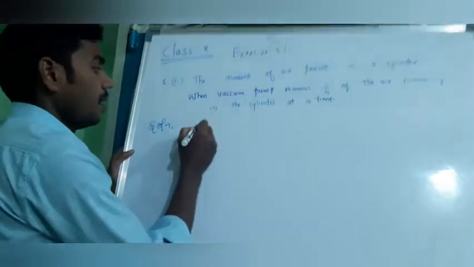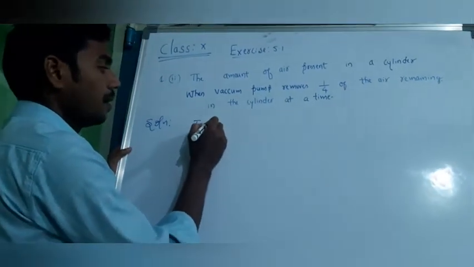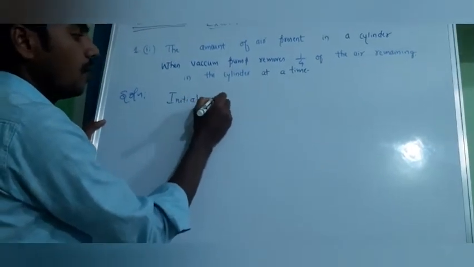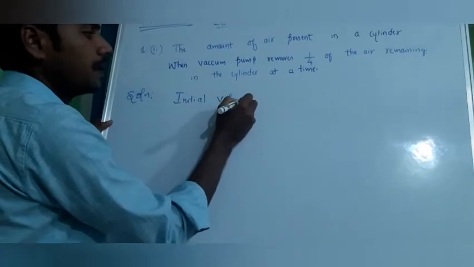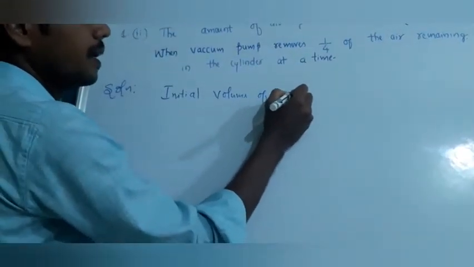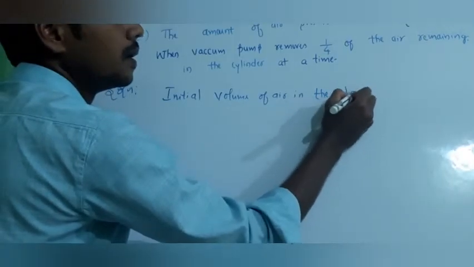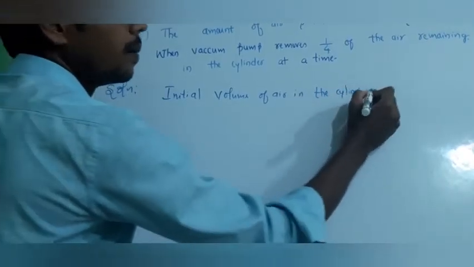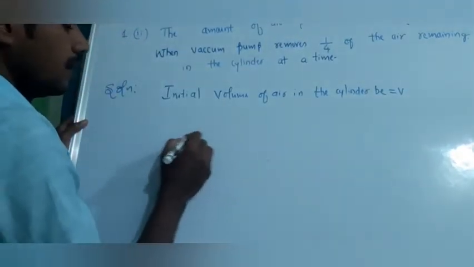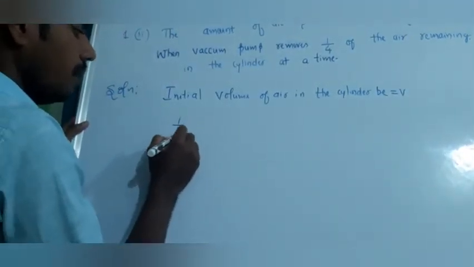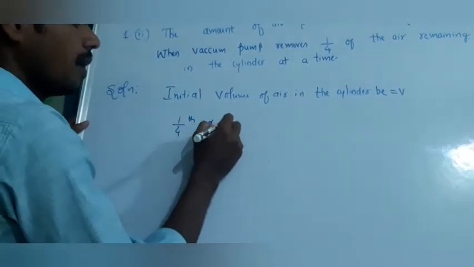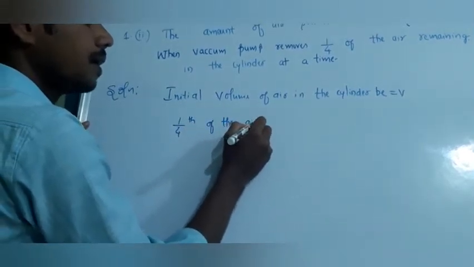See, the initial volume of air in the cylinder is V. Then 1/4 of the air is removed.